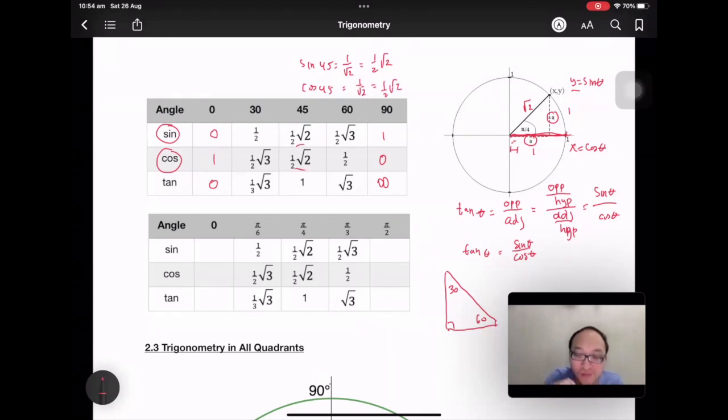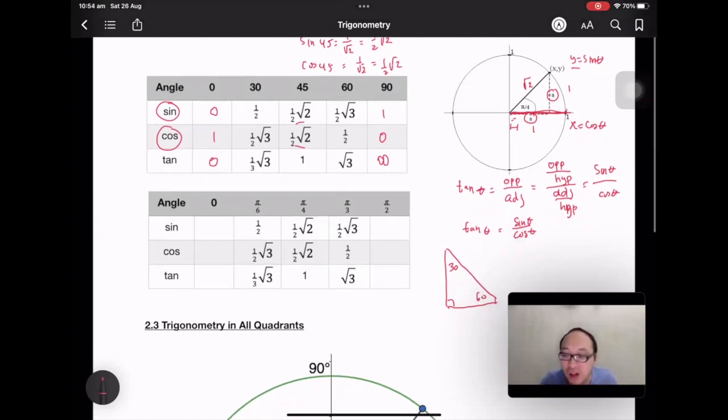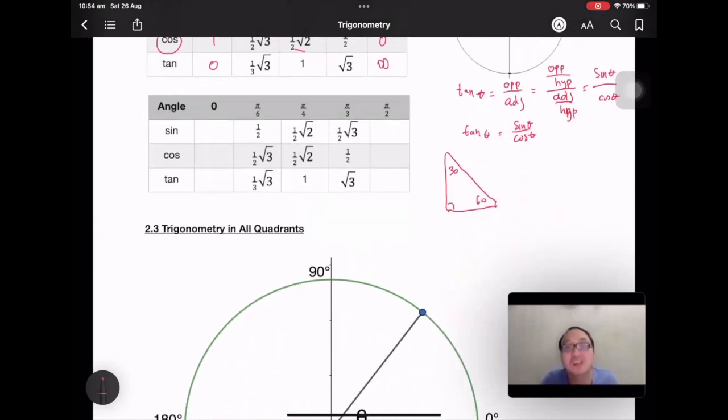How about the 60 and 30? The 30 and 60 are taken from the equilateral triangle. So this is 2, the ratio. This is 2. This is 2. So I divide it in half. So this is 1, and the Pythagoras gives square root of 3.